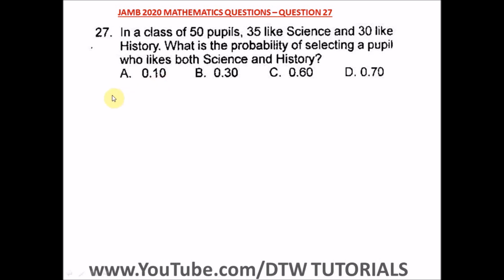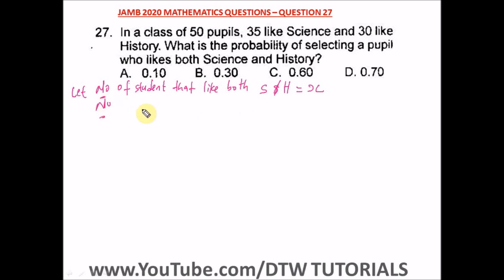So let the number of students that like both science and history be x.